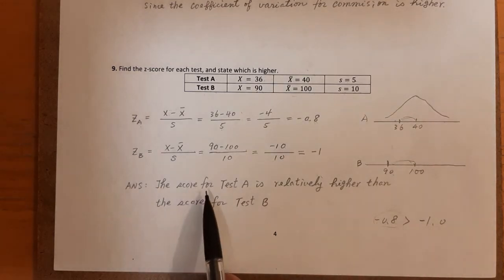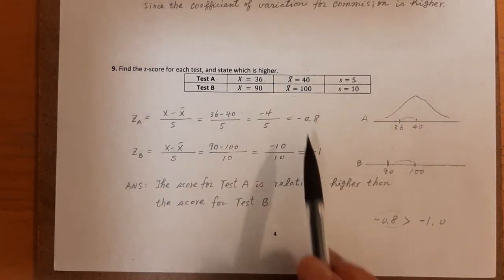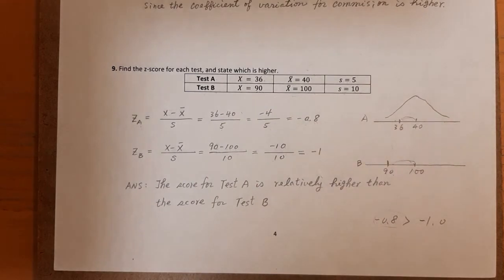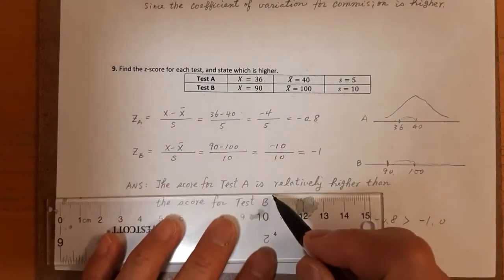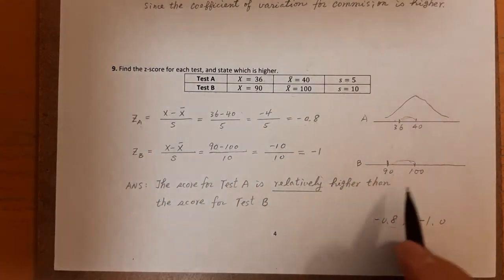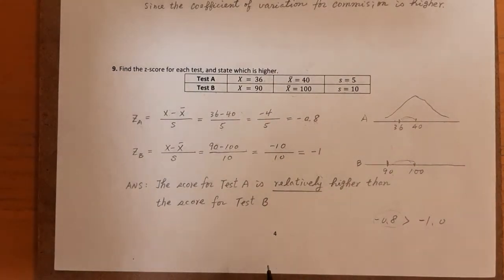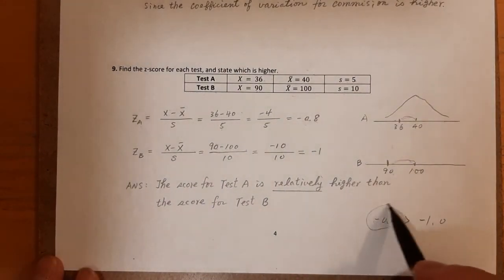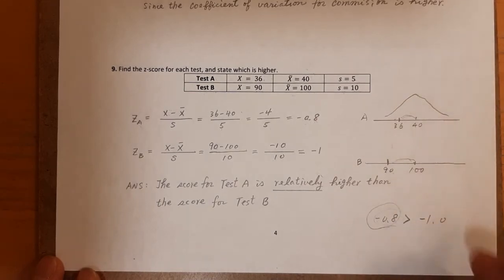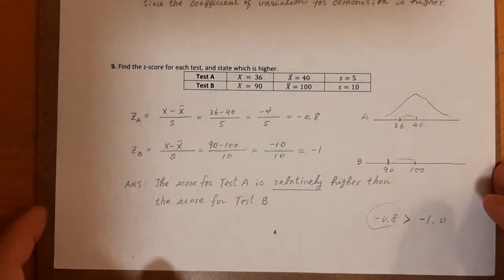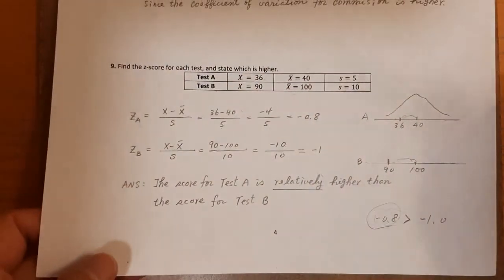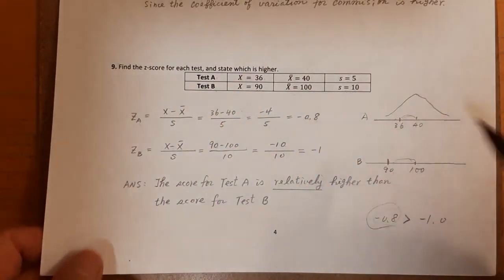So the score for test A is relatively higher than the score for test B. Choose the larger one, so test A is higher.